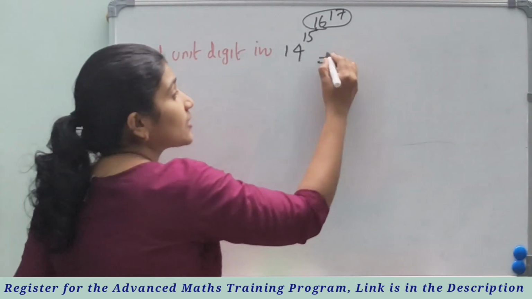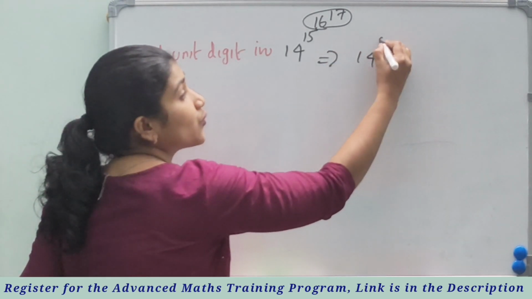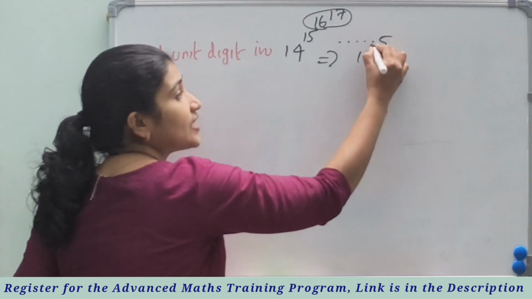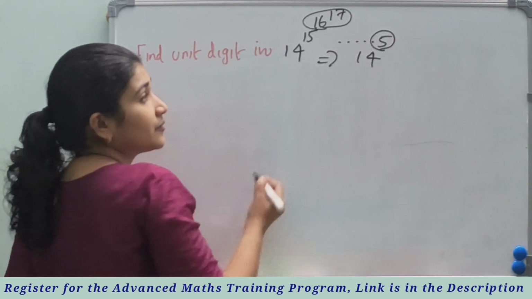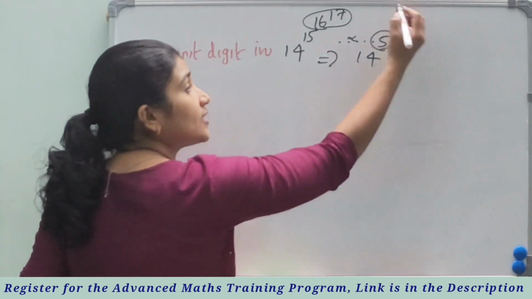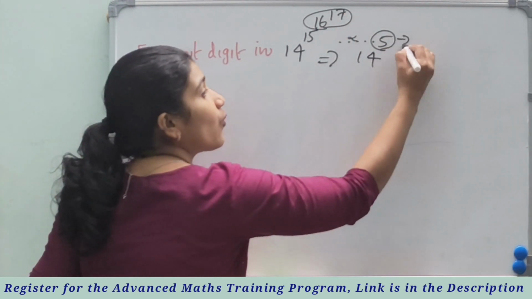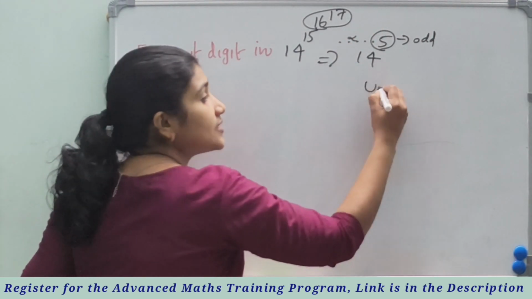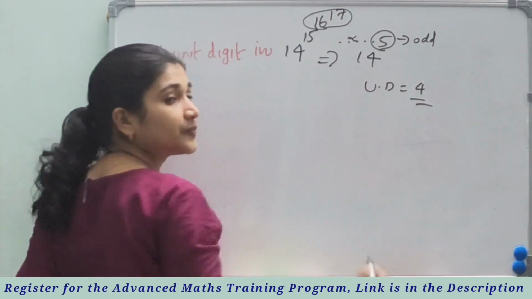So this is like 14 raised to 5, an infinite number ending with 5. 14 raised to 5 means 4 raised to an odd number, and 4 raised to an odd number means unit digit is 4.